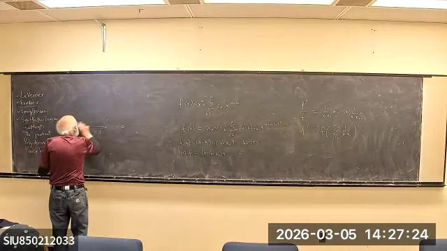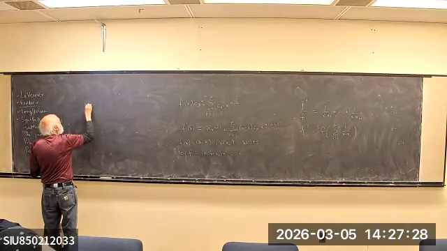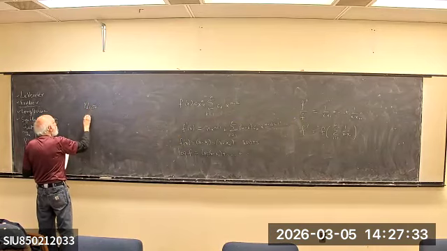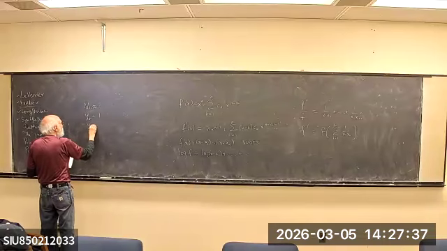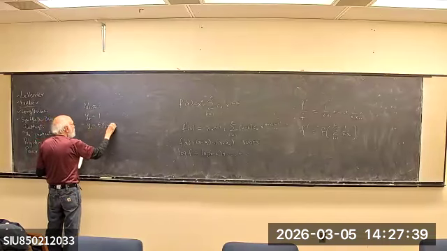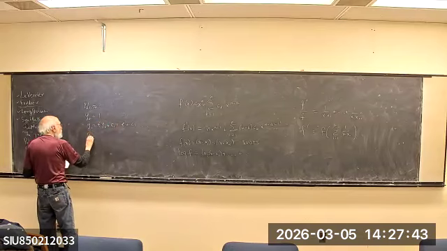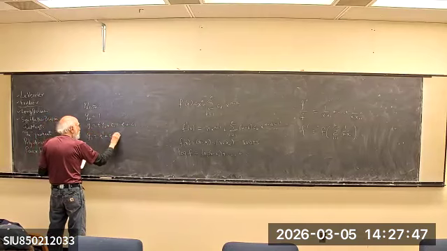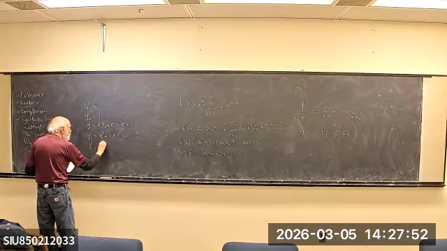Let's see what the y's look like. So y0 is 1. y1 is t y0 plus c1, which is t plus c1. y2 is t squared plus and so on, so multiply by t. And in one more step you see the pattern of this.